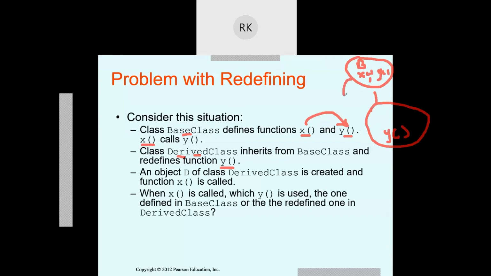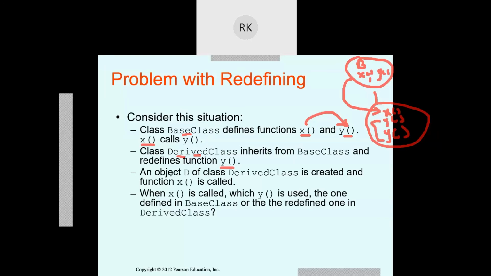But due to inheritance, x and y are actually already here, because these are public functions and the inheritance is public. So the x and y functions are already here. So now the child class got one x and two y's.